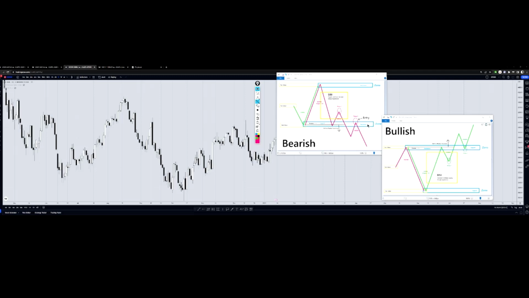support turning to resistance, and on this chart, this is US 500. If I start at the bullish area my eyes are on, we have a high followed by a low, and down here there's an area of consolidation, there's manipulation going on.